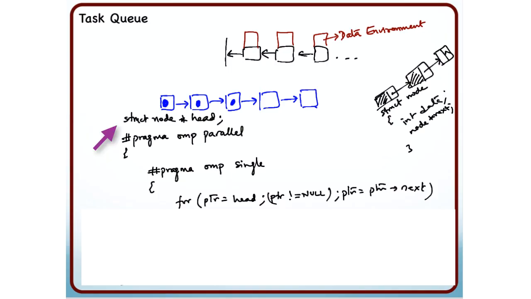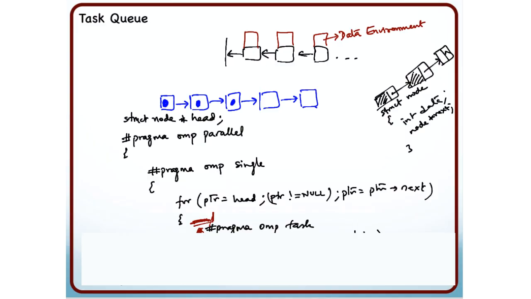Head is something defined over here, struct node star head, the head of the linked list. So for ptr equal to head, while ptr is not null, ptr equal to ptr next, that's my for loop. What do I do inside the for loop? I create a task. I say #pragma omp task.